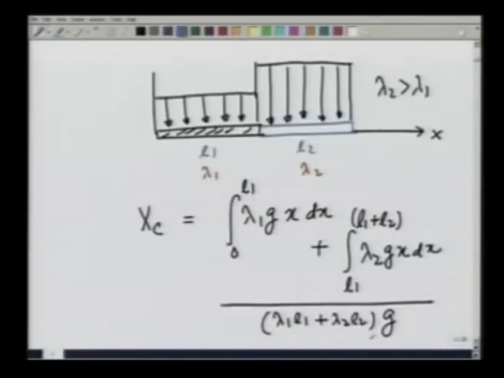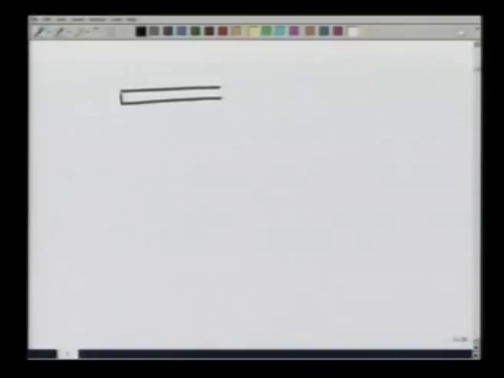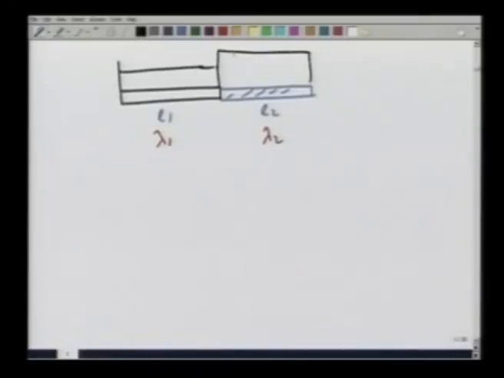You see, g cancels from the denominator and the numerator, and I am left with the center of gravity of this rod. Again, let me show you the load curve, which is something like this.